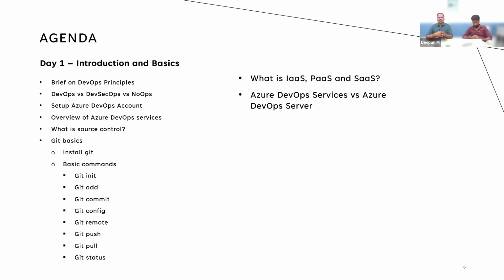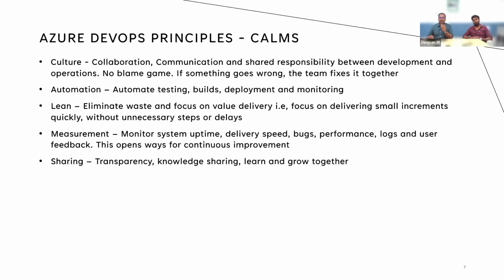NoOps means there is no involvement of operations in your development cycle. For example, if you have set things up to deliver automatically to the cloud environment or your infrastructure, you would not need an operations team very often to get your changes out. We also covered Git basics and then the DevOps principles.